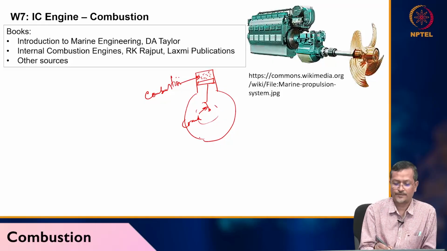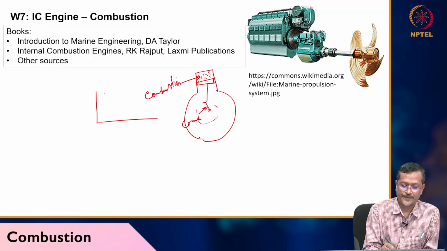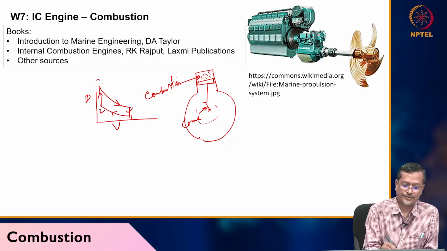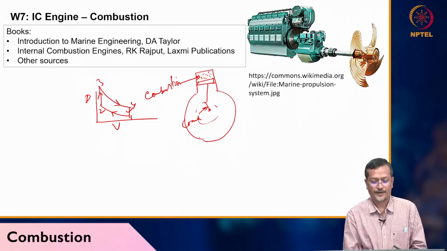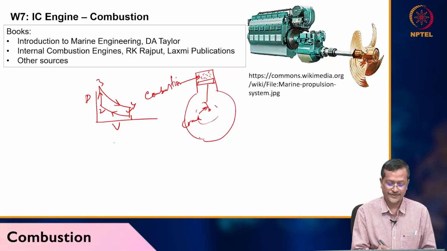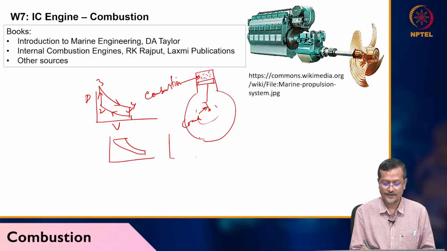Now if I draw this in a PV diagram, you have seen previously PV, if it is Otto cycle, it will be a vertical line, then coming like this. Now 1, 2, 3, 4. The combustion will be occurring at the 2 to 3 location, and if it is diesel cycle, it will be looking like this. But if it is dual cycle, it will be like this.